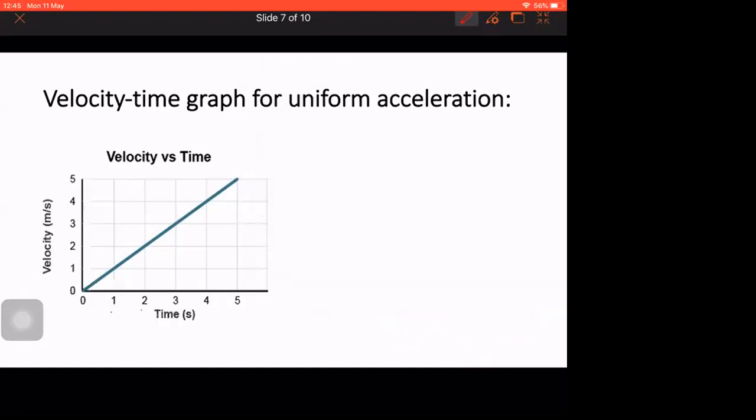If in the first case the difference in velocity is 5 meters per second, in the second case it will be 12, 20, 26, like that. Time on the x-axis will not change. That is the reason I'm telling equal time intervals, but the change is different. That is the definition: unequal change in equal intervals of time.